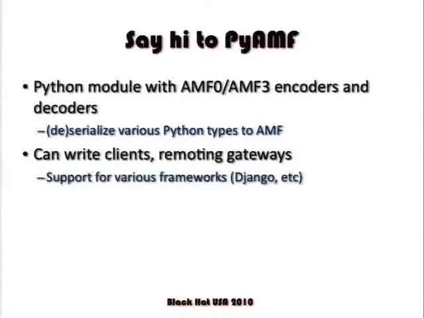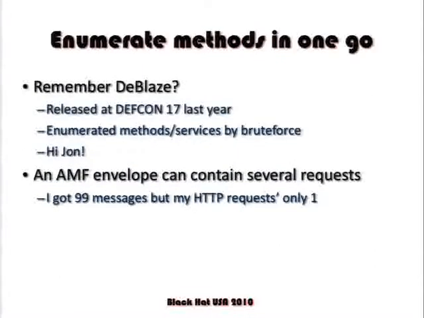So if you remember from last DEF CON, one of my buddies, John Rose, wrote a tool called dblaze. It enumerated remoting methods and services on a Flex remoting server, one at a time, just by brute force. One of the things that I noticed diving into Flex is an AMF envelope can contain multiple AMF requests.